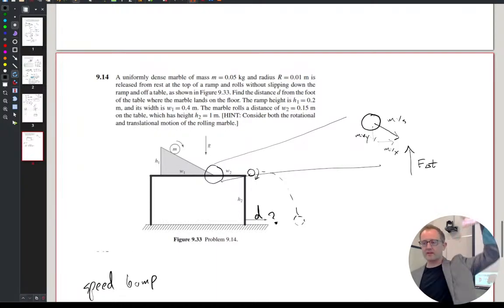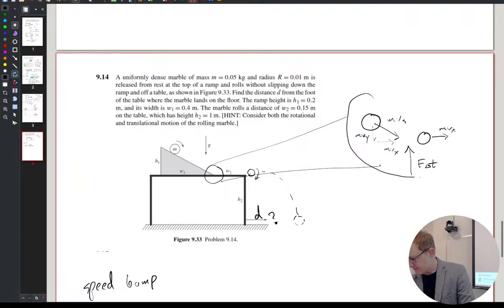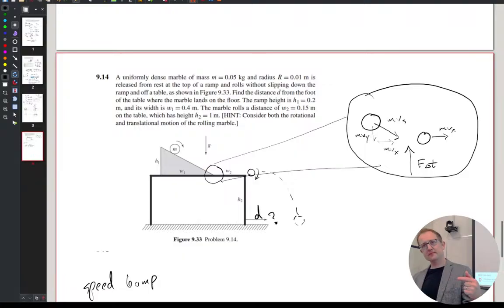So whatever momentum I had that's going down, the table is going to slam against it, and now the only thing left is that MVX as I'm coming off of it. Kind of like that. And also because it's rolling, technically there's also an increase in friction to change how fast it's rolling, but we don't have to worry about that as much. It'll do whatever it needs to.